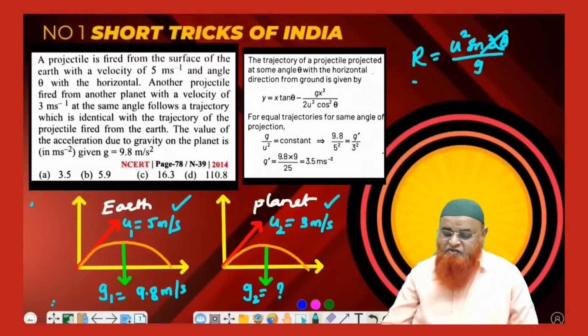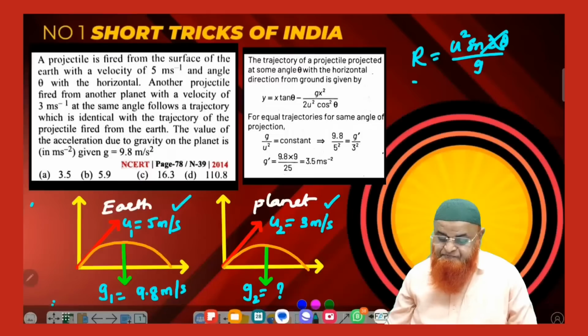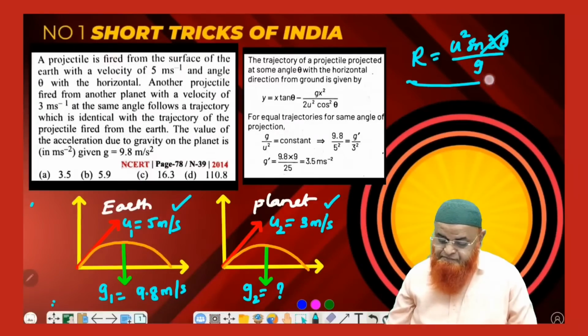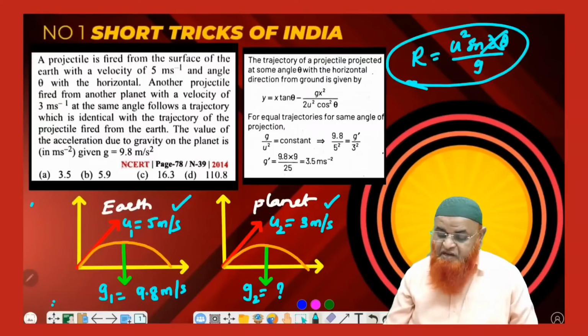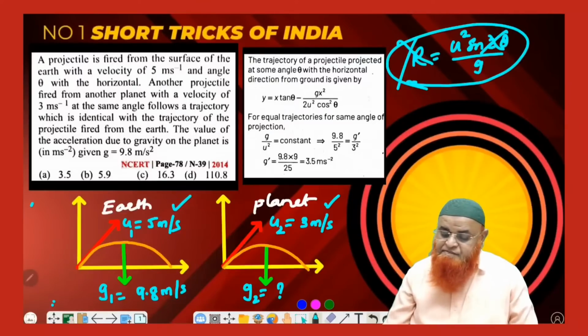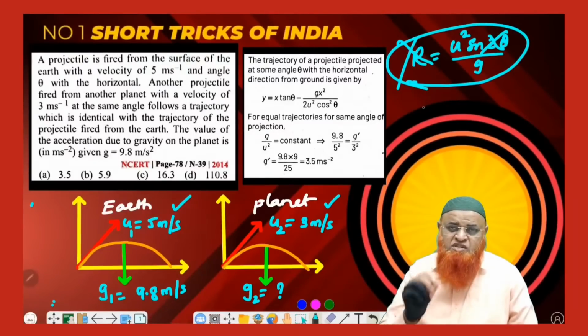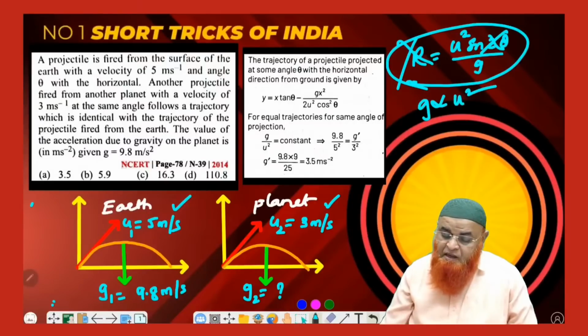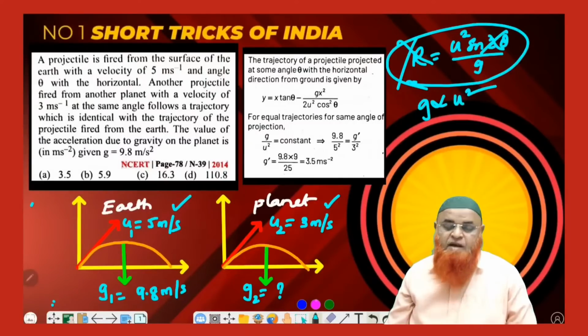You all know the formula for range; here I have written it: R is equal to U square sine 2 theta by G. Range is common and sine 2 theta is common. Then there is only one thing remaining here, that is G is directly proportional to U square.